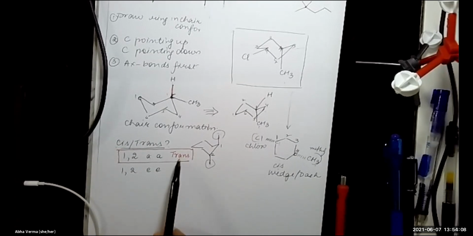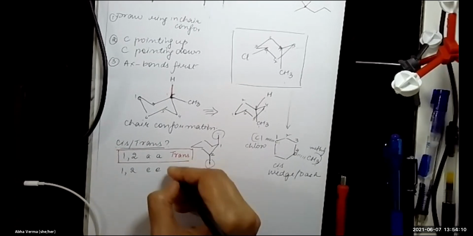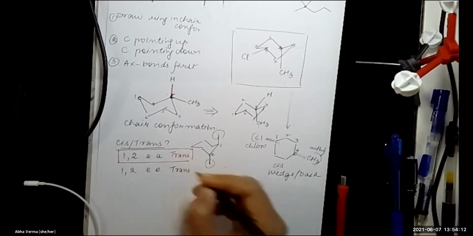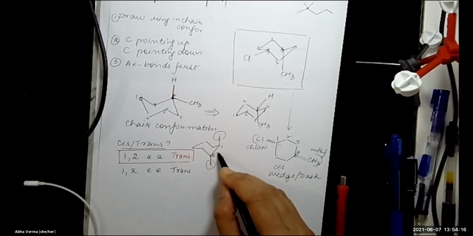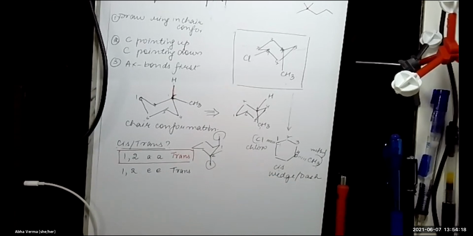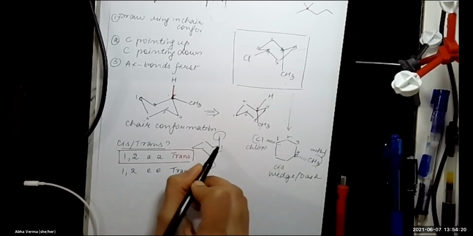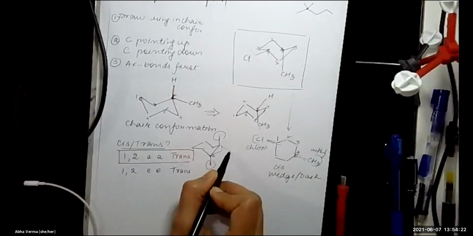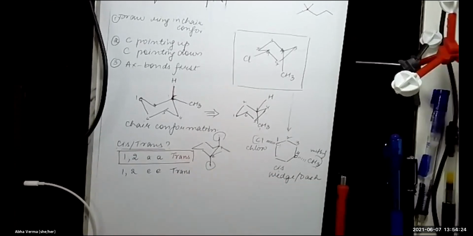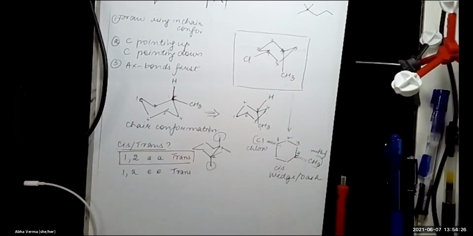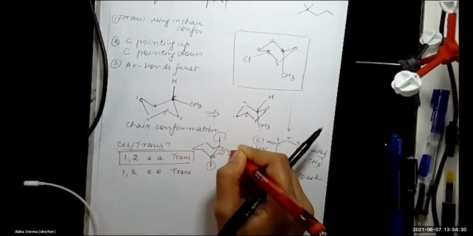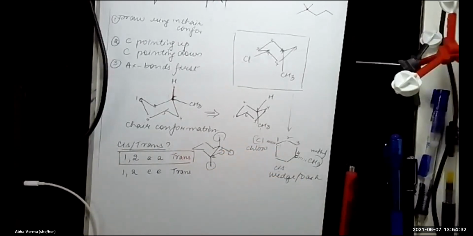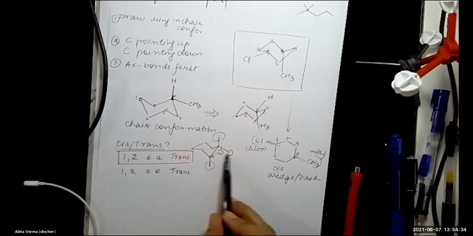No, they will still stay trans. So let me show you. If there was an equatorial here, it will face upwards. If there was an equatorial here, it will point downwards. So now this group going upwards, this group going downwards, still in the trans orientation.